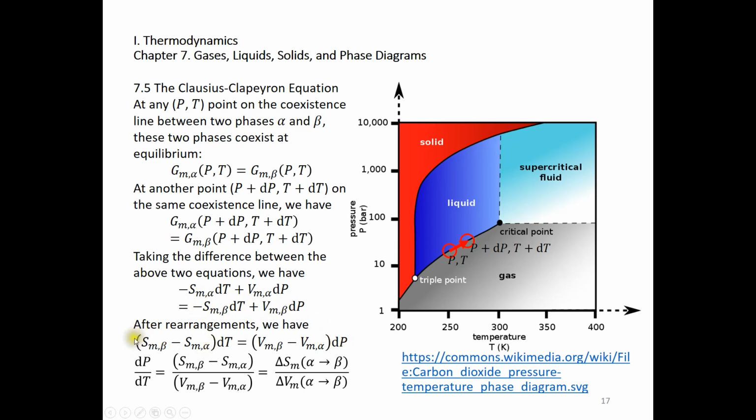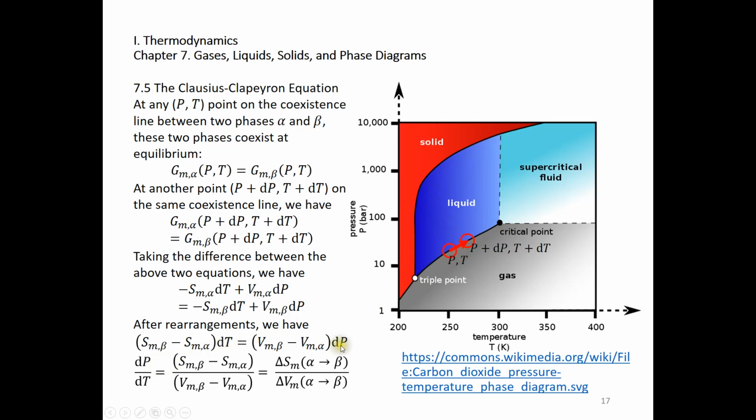So we have the molar entropy of the beta phase minus the molar entropy of the alpha phase times dT equals the molar volume of the beta phase minus the molar volume of the alpha phase times dP. This equation holds true for just any coexistence line between two different phases.